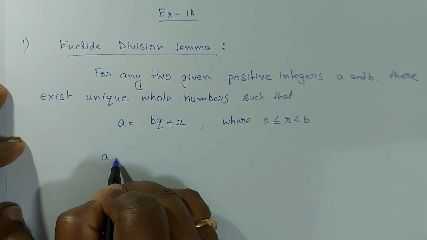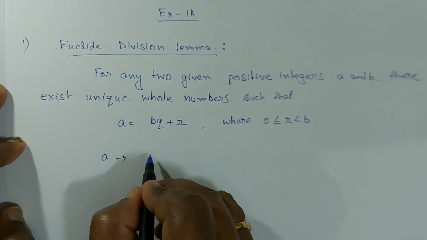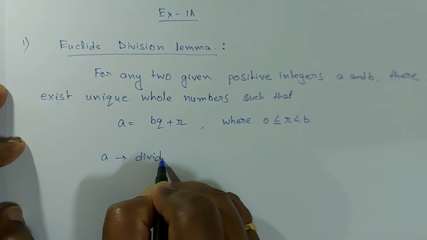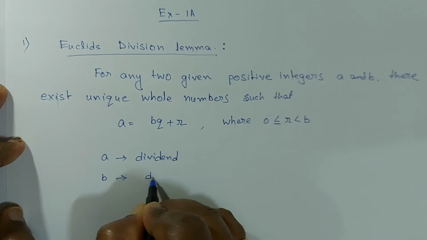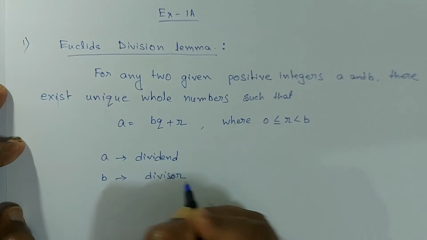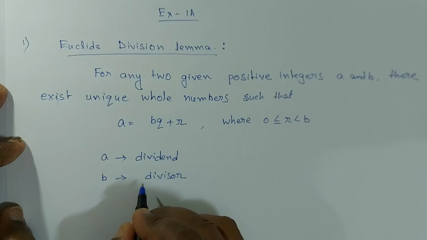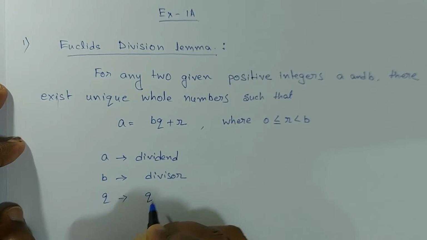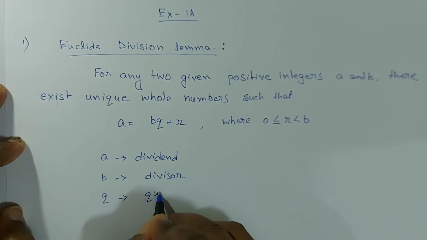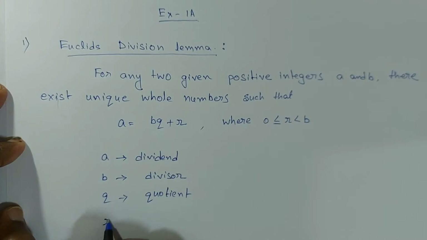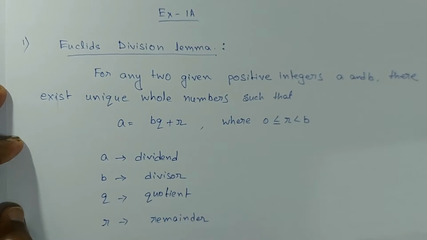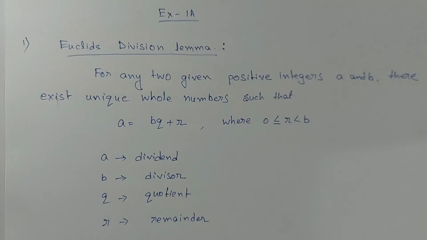Here we call a the dividend, b the divisor, q the quotient, and r the remainder. Okay, a, b, q and r.